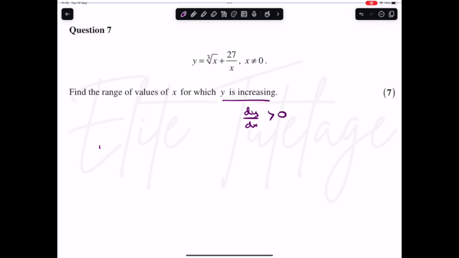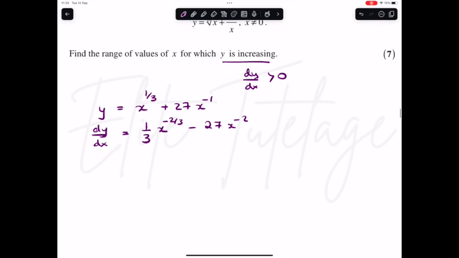I'm going to rewrite this like so, and differentiate as normal, easy. 1/3 x to the power of 1/3 minus 1, and then minus 27 x to the power of minus 2. So I'm going to just tidy up. I like to keep positive powers whenever possible, and that is greater than 0.